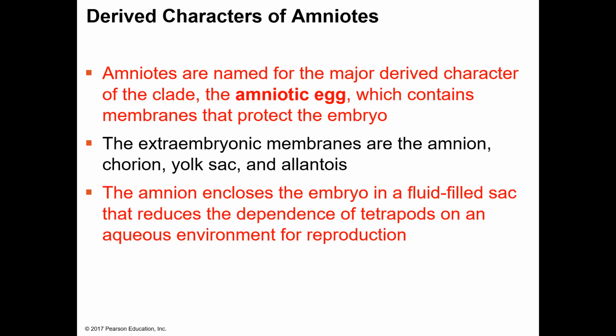The membranes that are important for protecting the embryo are the amnion, the chorion, the yolk sac, and the allantois. The amnion encloses the embryo in a fluid-filled sac, which helps to reduce the dependence of tetrapods on an aqueous environment for reproduction. So again, this is important as animals were transitioning from amphibians to reptiles.